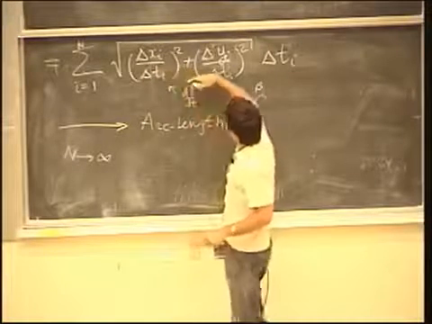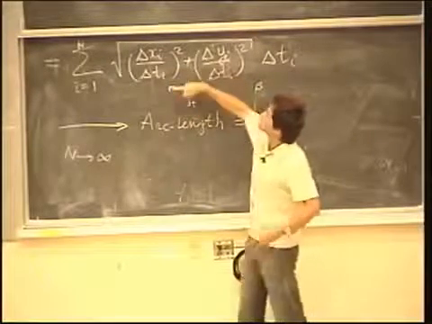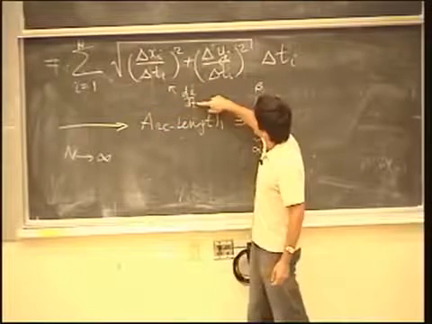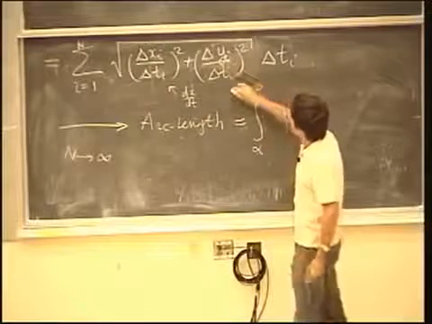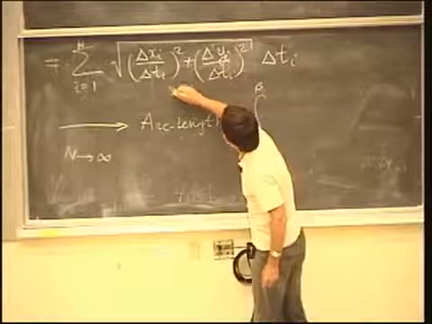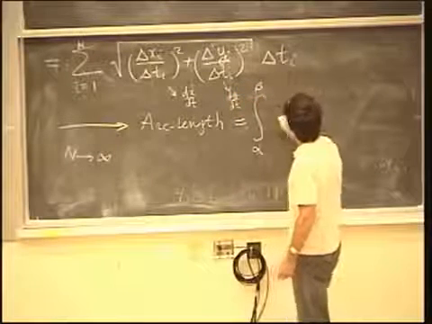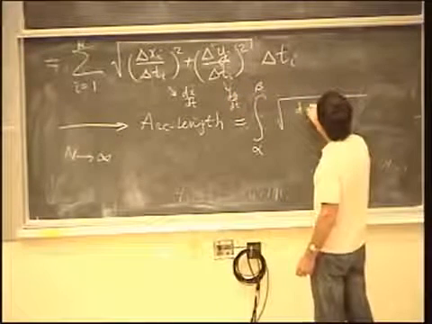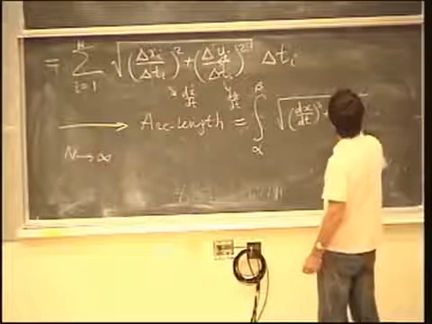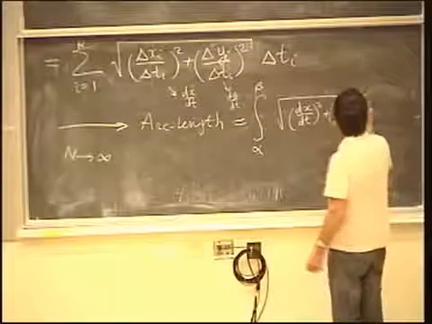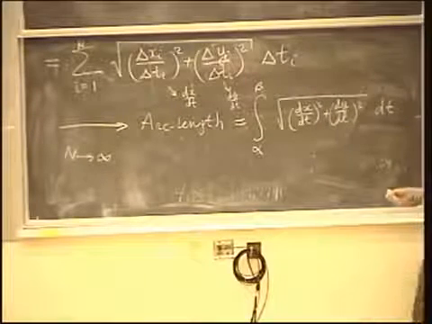It is well approximated for finite n, but in the limit becomes equal to dx dt, the derivative of x with respect to t. And likewise, this one becomes dy dt. So this whole thing becomes the square root of dx dt squared plus dy dt squared, dt. And that's the formula which I wrote down at the end of last lecture.